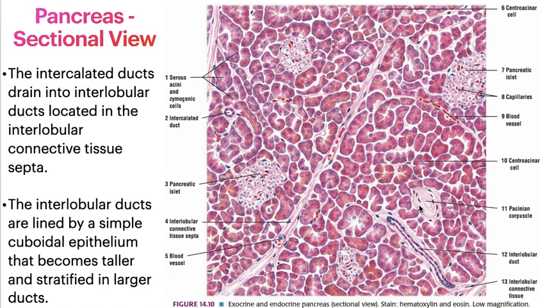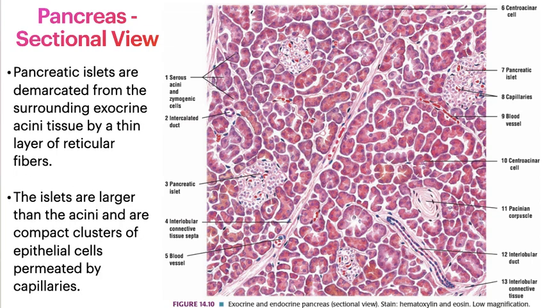Now the interlobular ducts are lined by simple cuboidal epithelium and become taller and stratified in larger ducts. The pancreatic islets are demarcated from the surrounding exocrine acinous tissue by a thin layer of reticular fibers.